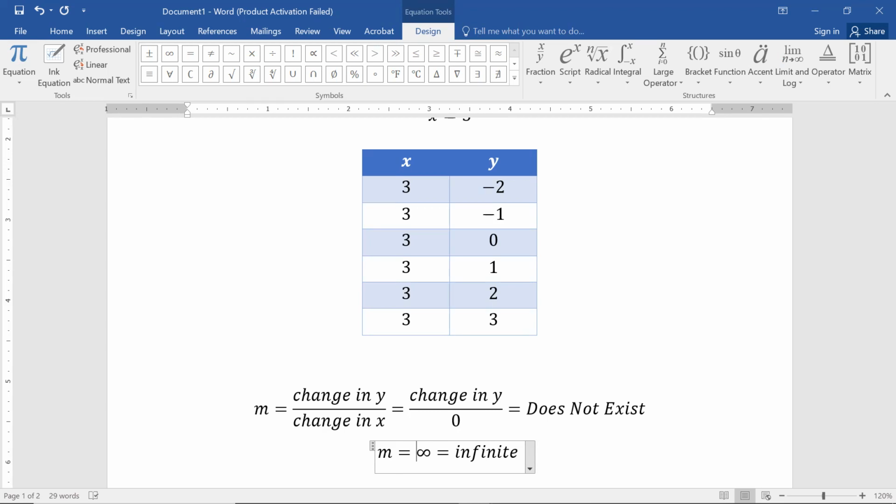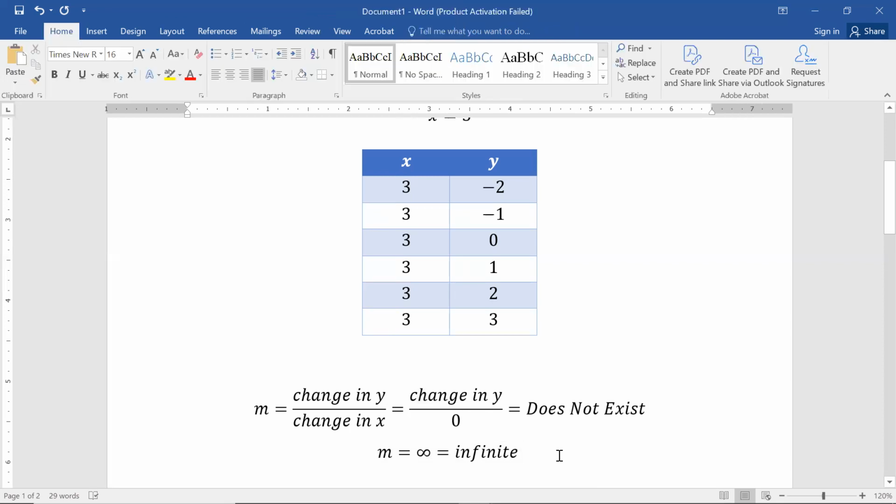In limits of calculus, if you place a numerator, which is a value like 2, and your denominator gets smaller and smaller and smaller, then the corresponding fraction goes out to infinity. So oftentimes people will say the slope is infinite, and that comes from a limit understanding of this ratio here. So some would say it does not exist, others would say infinite.